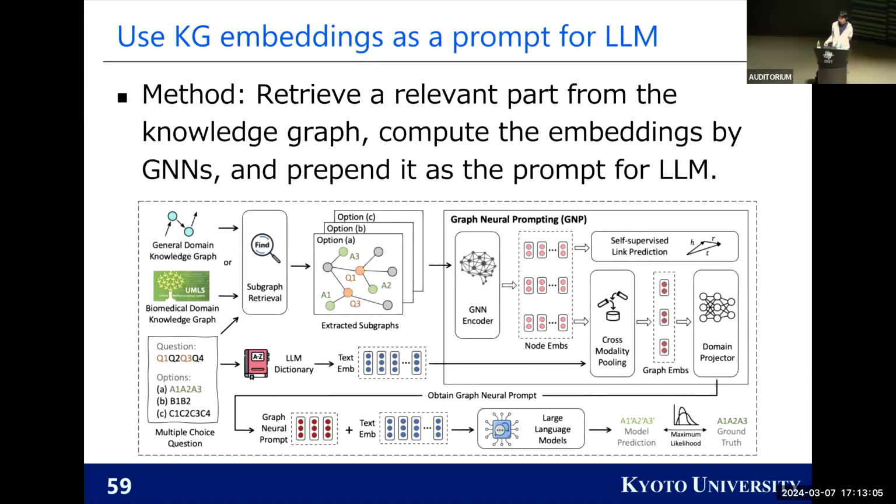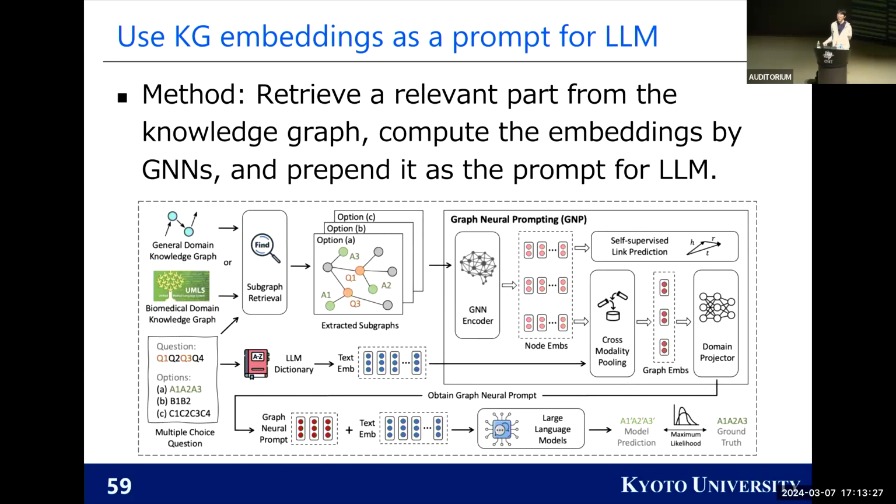The method is a little bit complicated, but the idea is simple. We first retrieve a relevant part from the knowledge graph. This is because the knowledge graph is very large, so it is not efficient to process the entire knowledge graph. So we first extract the part relevant to the question and the options at hand.